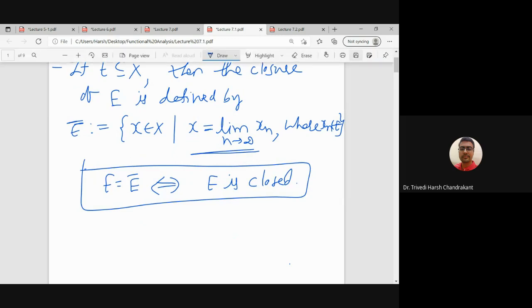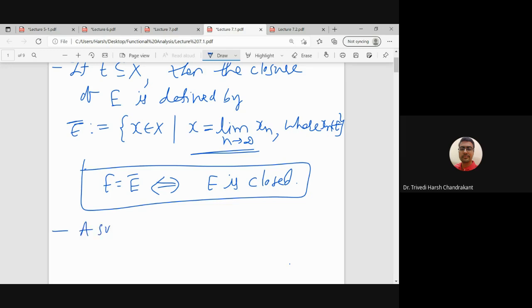In general, in topological spaces, you will see that this may not be true, because in topological spaces there is no metric, right? So there are examples.